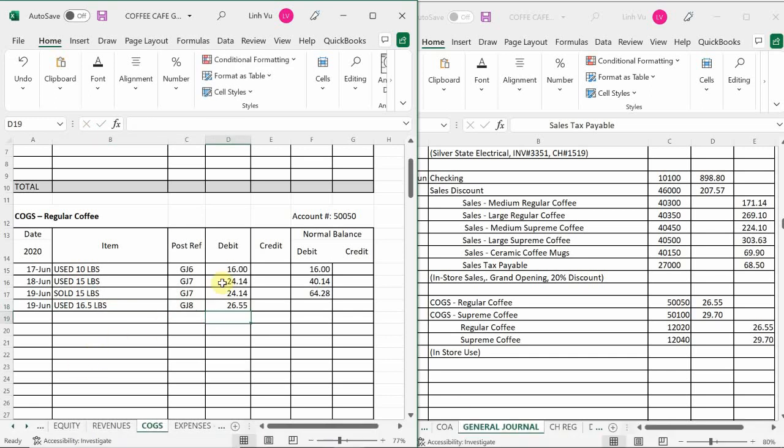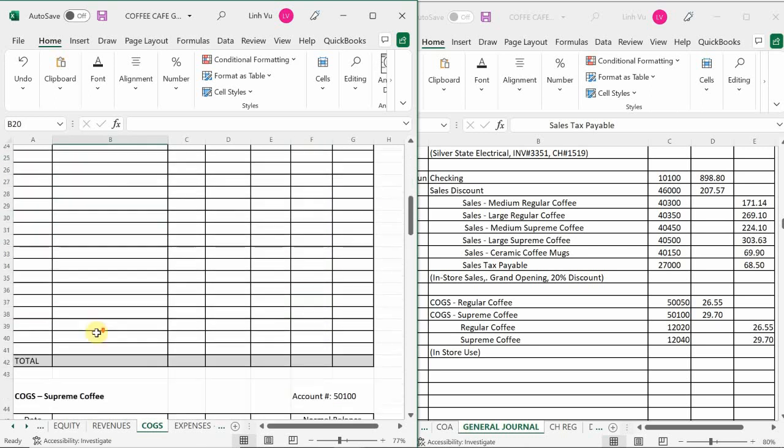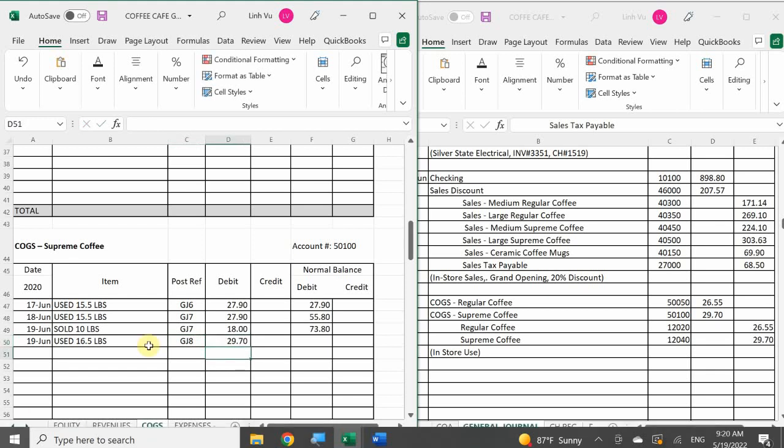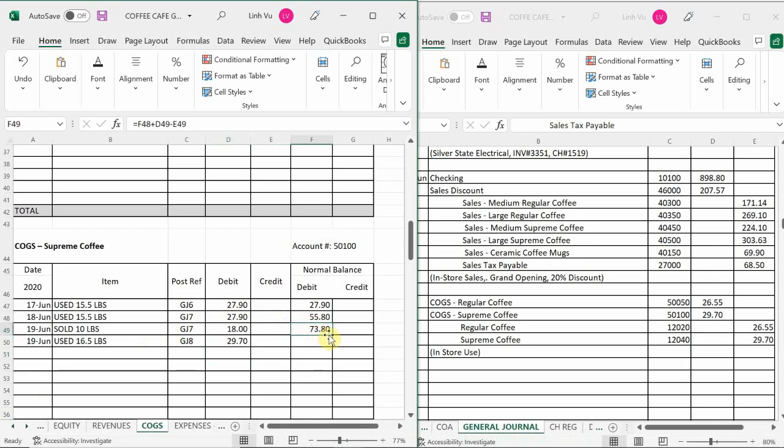So that should give me a grand total balance of $90.83. Okay. I also end up using 16 and a half pounds of Supreme Coffee, which gave me $29.70, giving me an account balance of $103.50.